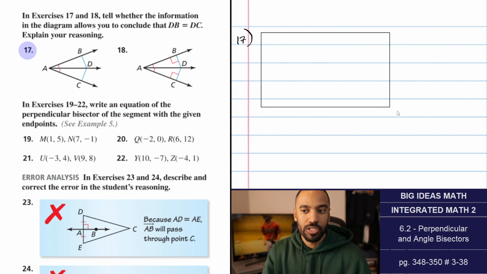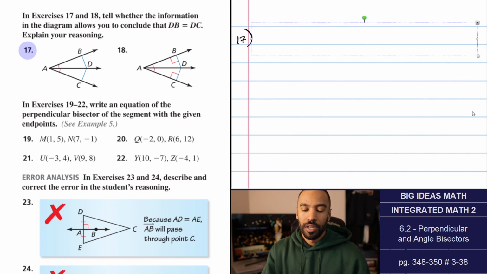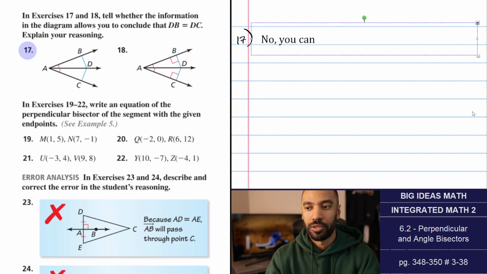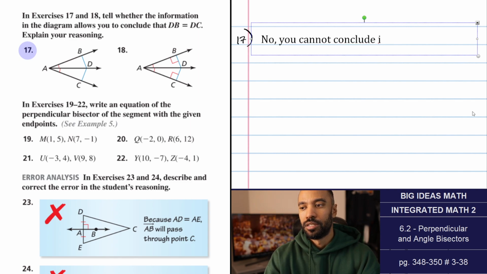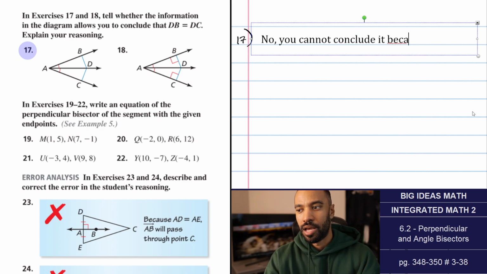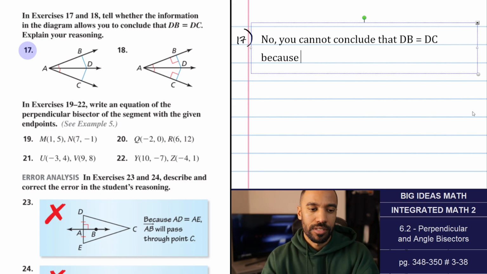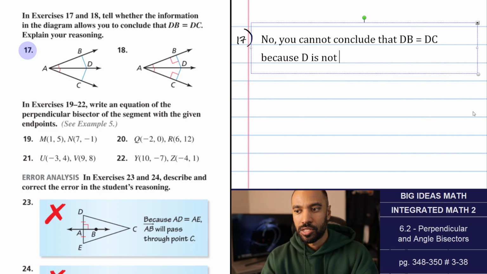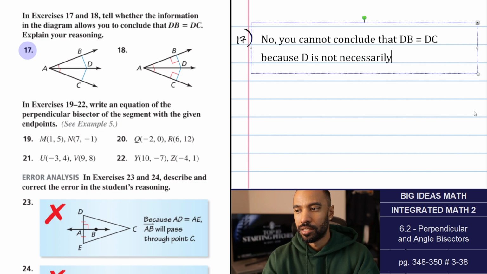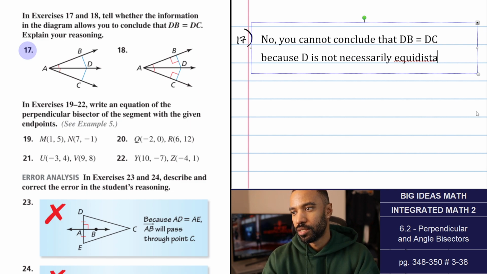So number 17 is going to be no, you cannot conclude it. Because DB equals DC, because D is not necessarily equidistant.